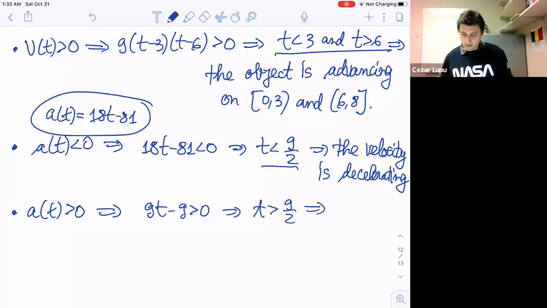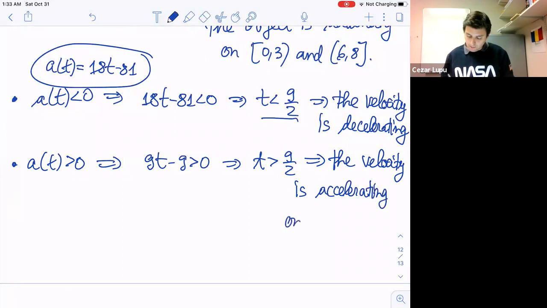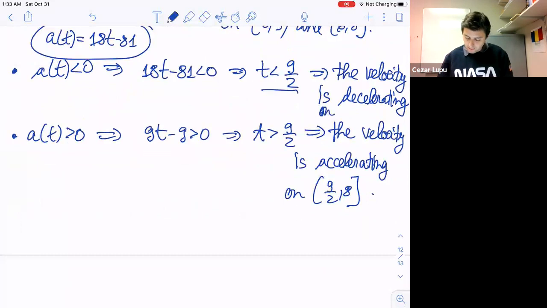So you can say that the velocity is accelerating on the interval 9 over 2, 8. And the velocity is decelerating on the interval 0, 9 over 2, open interval. Okay. So this is what happens.